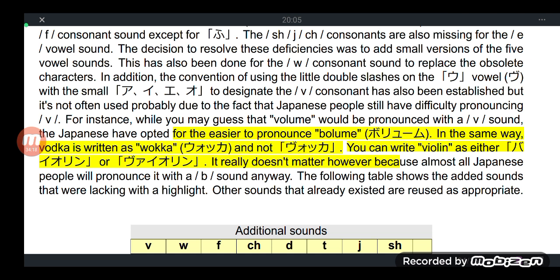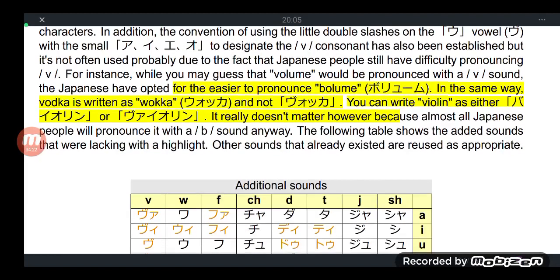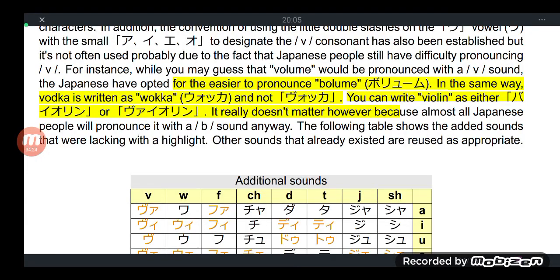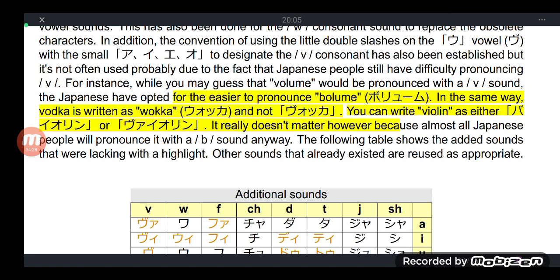It doesn't matter however, because almost all Japanese people will pronounce it with a B sound anyway. So either you can use the ha with the dakuten to make it ba, or the u with a dakuten followed by a small a. Either way, Japanese will just pronounce this with B.